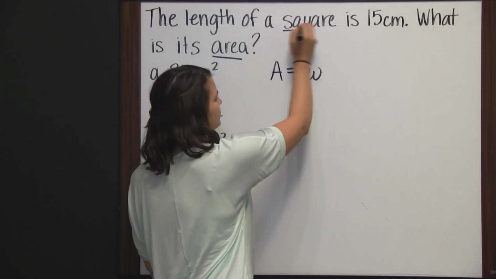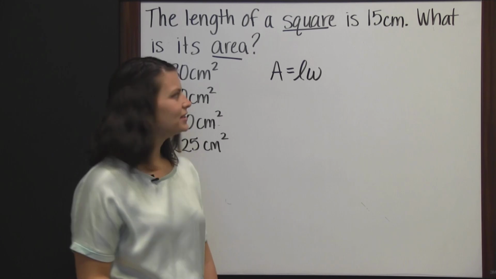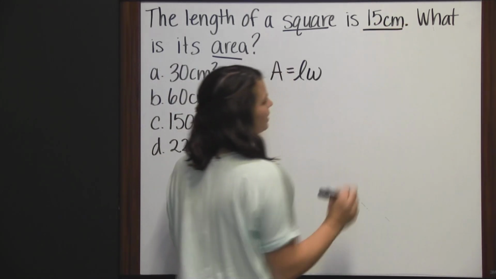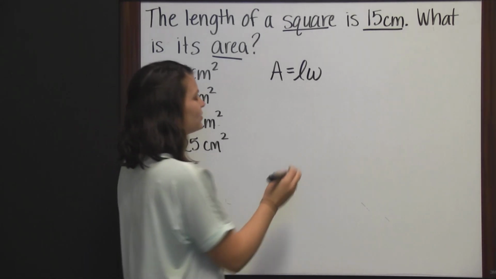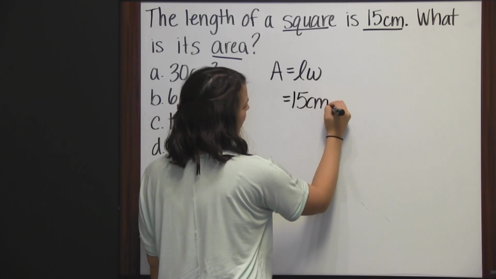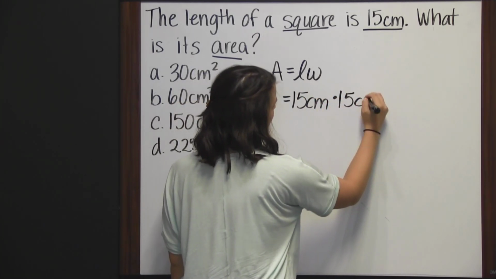But what's special about a square is that its length and width are the same. So if we're told that the length is 15 centimeters, then that means the width is 15 centimeters as well.